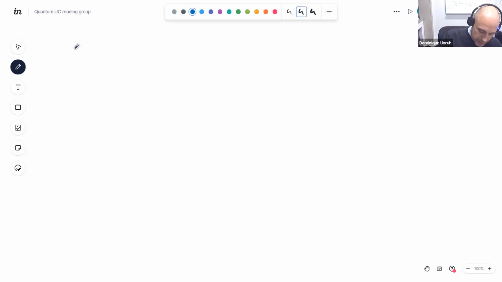So let me first recall UC. I mean, Ran already talked about this in the last two sessions, but it's useful to have the picture here. So the basic idea of UC is that you have some protocol pi, and you want to say that this protocol has all the properties of an ideal functionality rho.